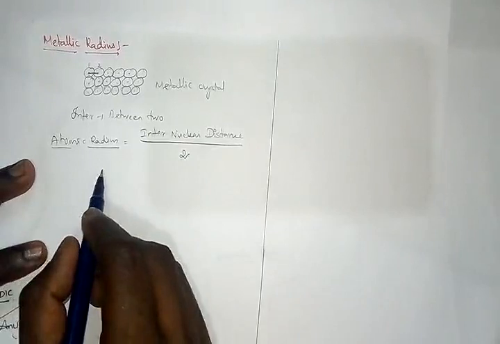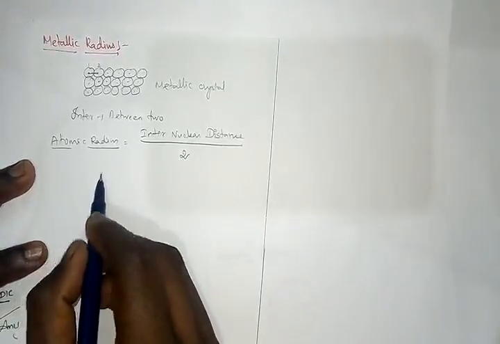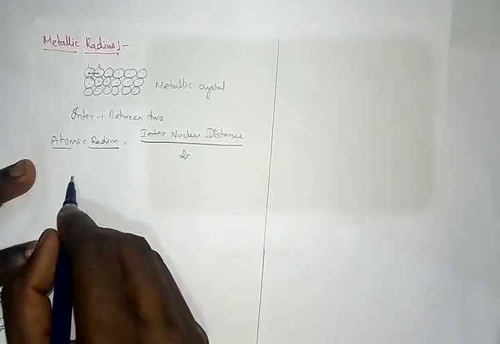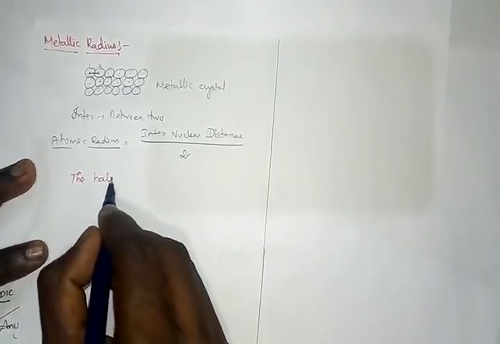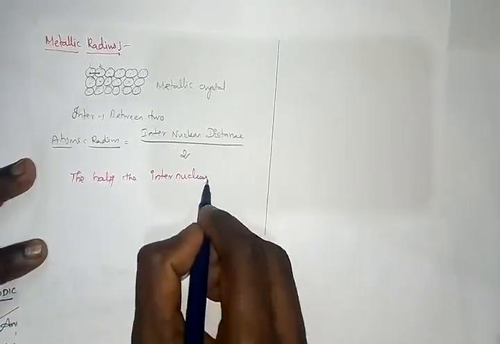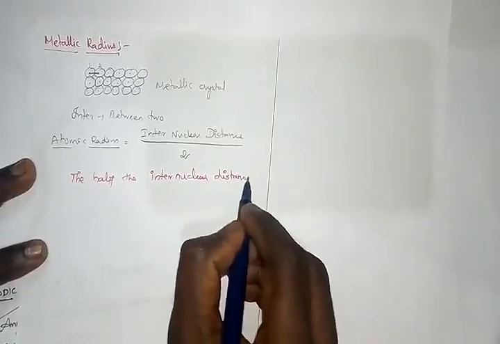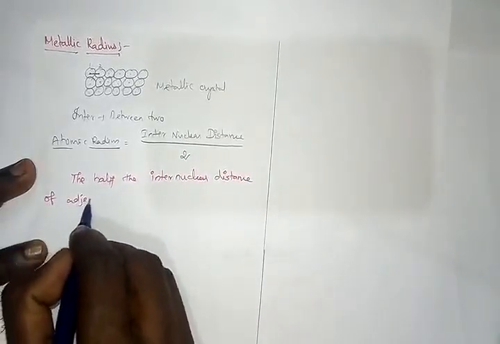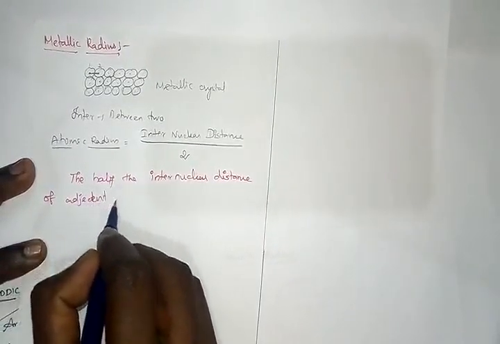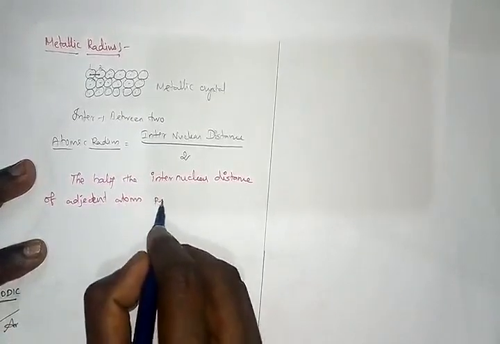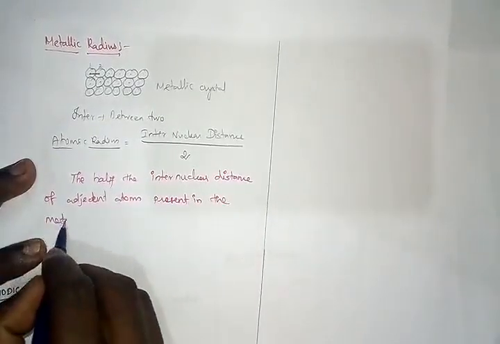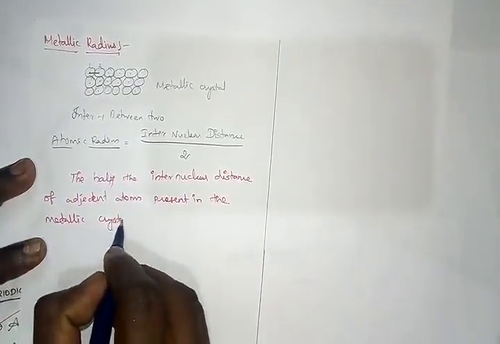Metallic radius is nothing but half of the internuclear distance of adjacent atoms present in the metallic crystal.